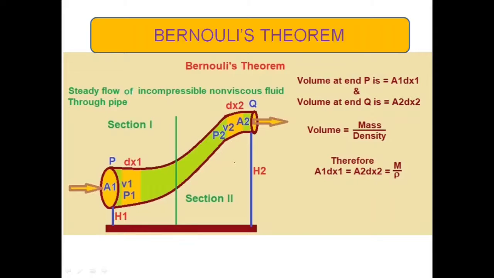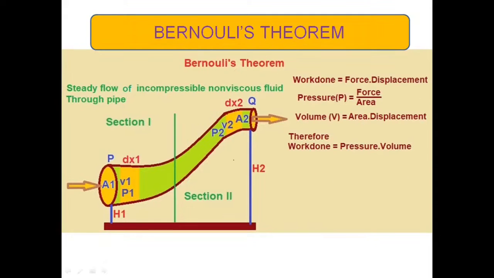We are familiar with volume. Volume is the ratio of mass and density. Therefore, A1 dx1 is equal to A2 dx2 is equal to m divided by rho, where m is the mass of the fluid and rho is the density of the fluid.